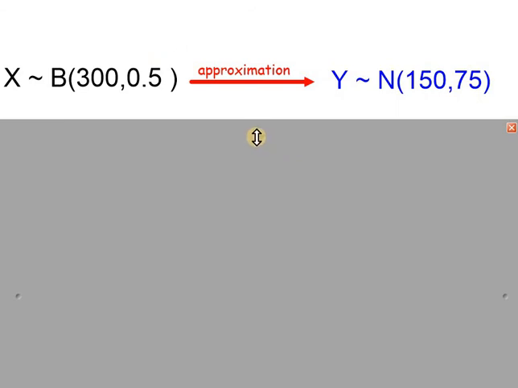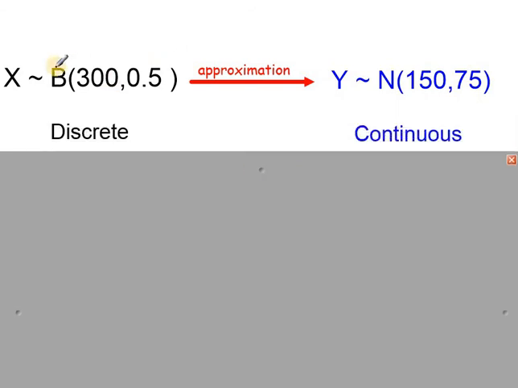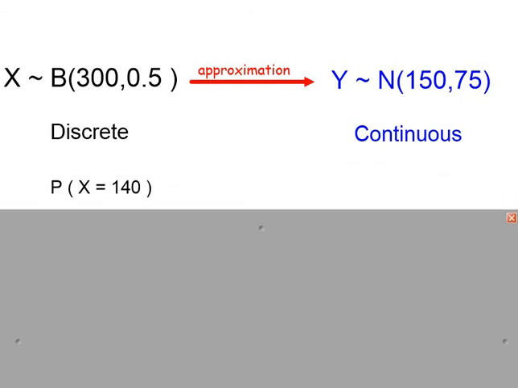So in this example, we know that the binomial distribution is discrete and the normal distribution is continuous. This random variable y can take any value, but the discrete distribution here can only take values for x between 0 up to and including 300. So let's say if we were doing a question like this, the probability we have exactly 140 successes.